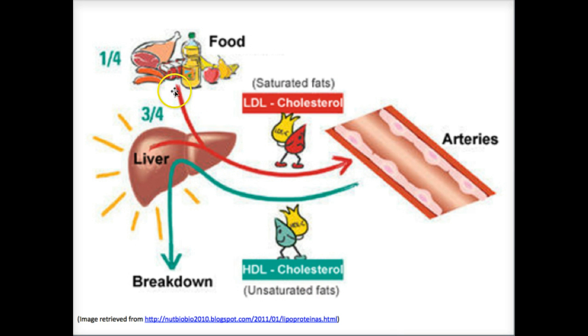And this is very simplified, just showing the route here that the LDL cholesterol carries the endogenous and the dietary fats to the body cells. And then the HDL is bringing it back from the body cells into the liver, broken down into bile salts and into the bile, and then excreted from the body. So that's just another way of looking at these two particular lipoprotein particles.